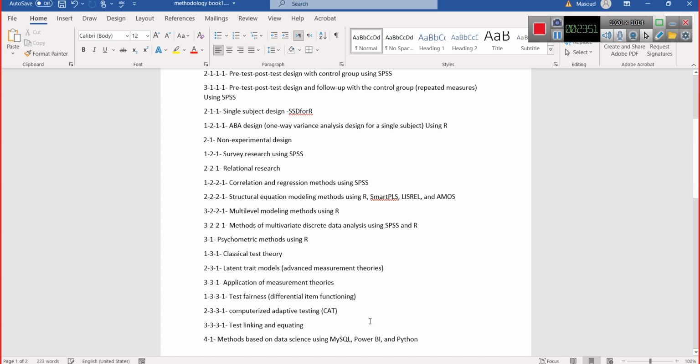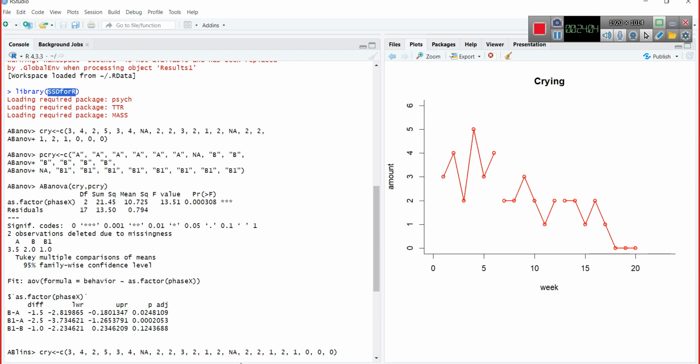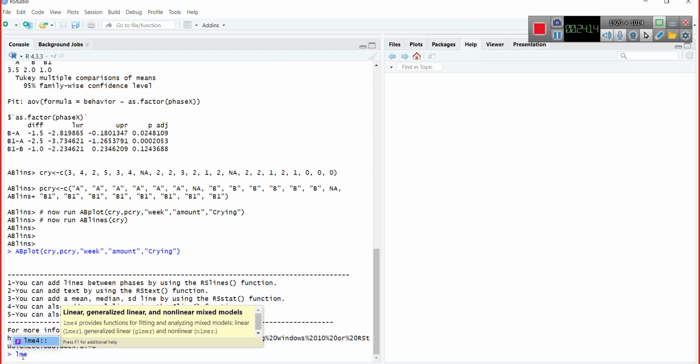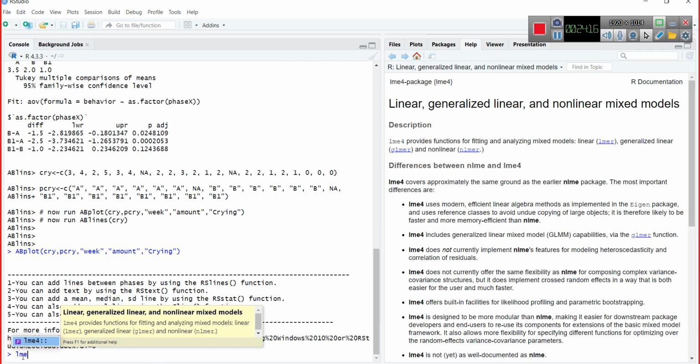So a relational model was developed that is named the multi-level modeling method, which we do using the R software. For example, a package like lme4 does multiple regression analysis at multiple levels.